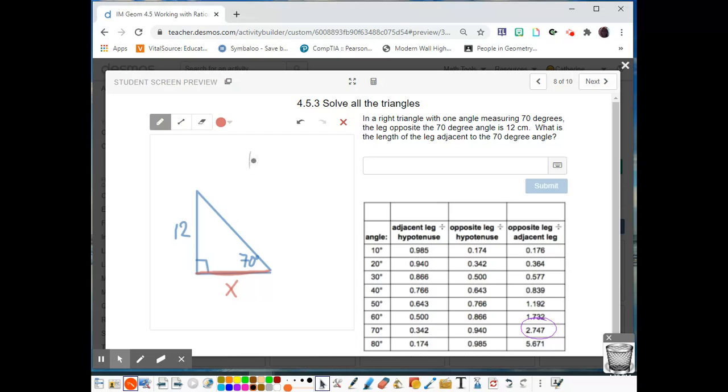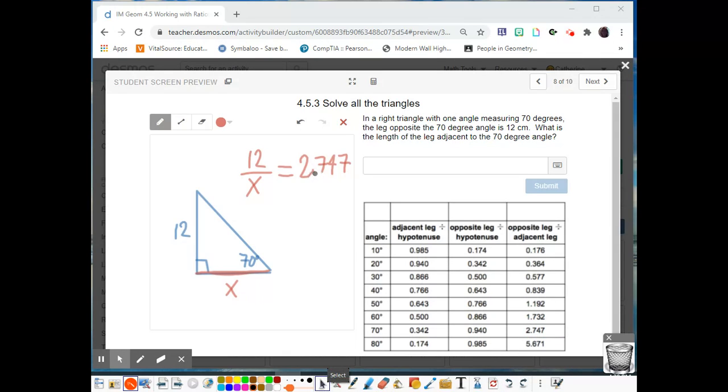Opposite is 12 over the adjacent, which is X, and that is going to equal 2.747.